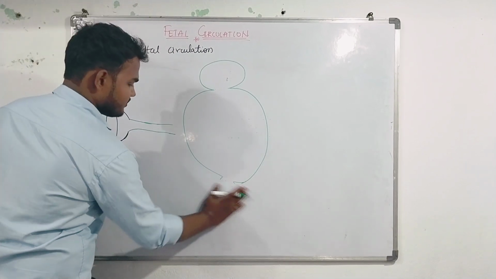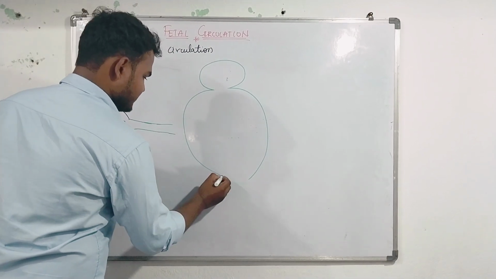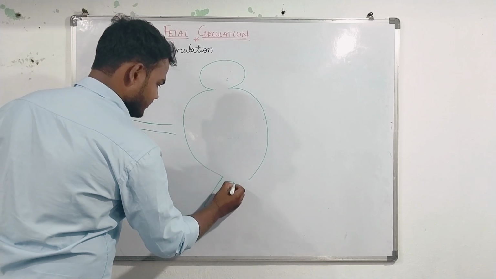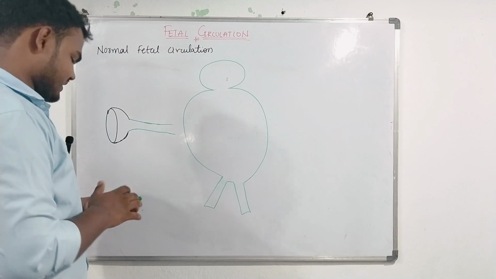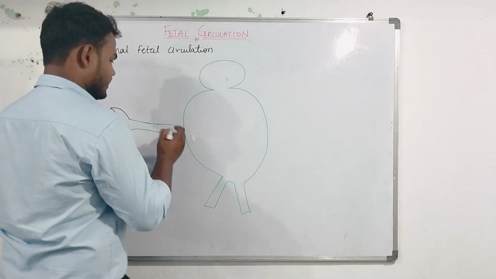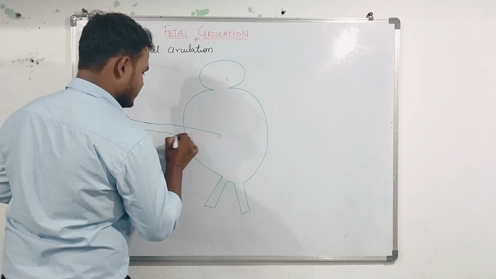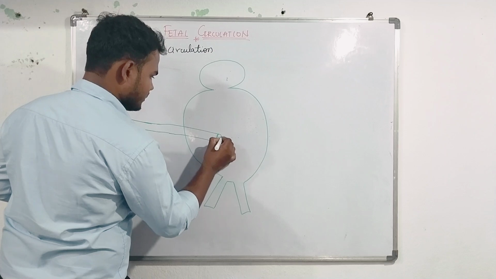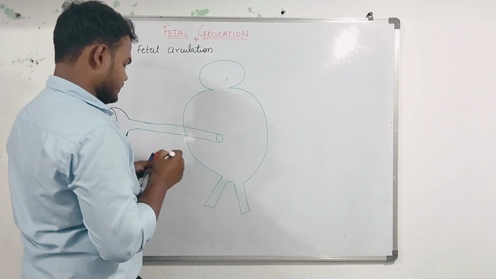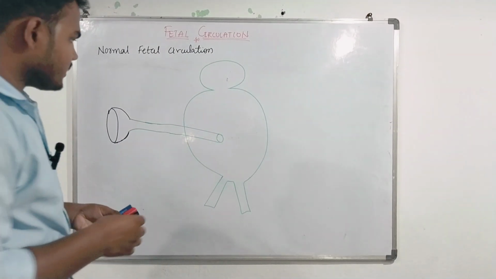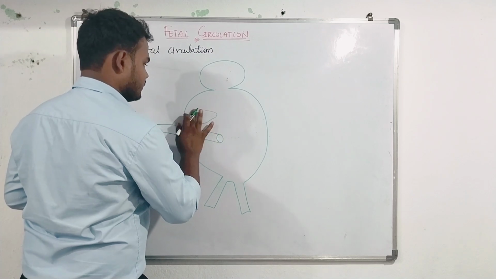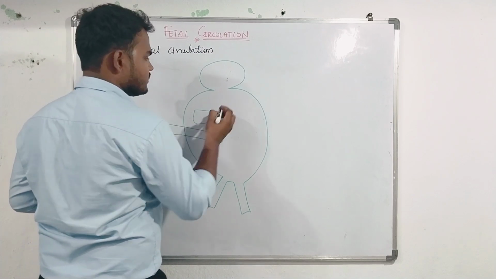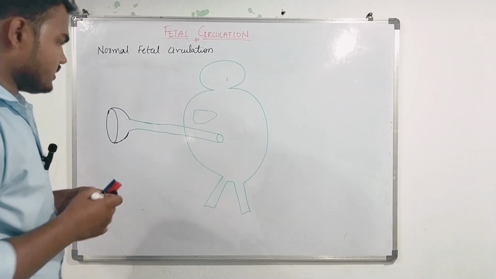These are the legs. Next, this umbilical cord is attached to the umbilicus. And here we have the liver. Our liver is there. All these things are there.